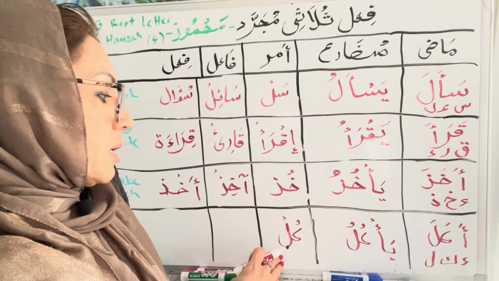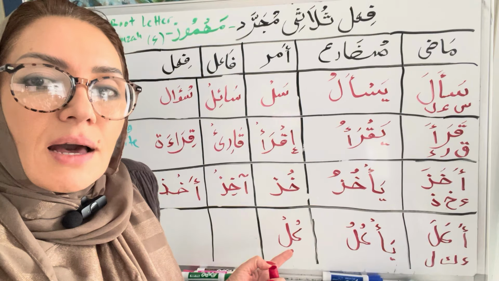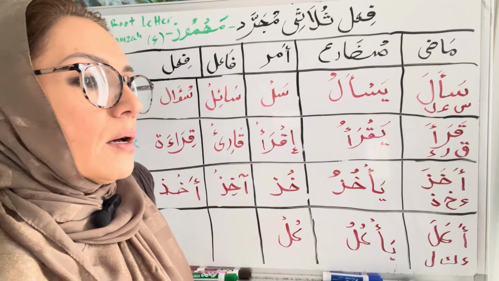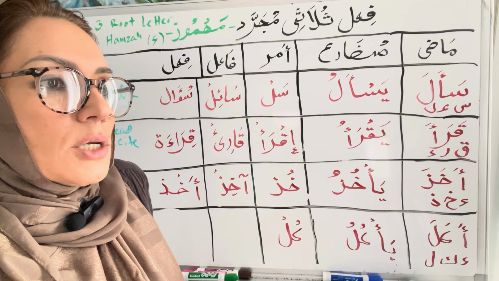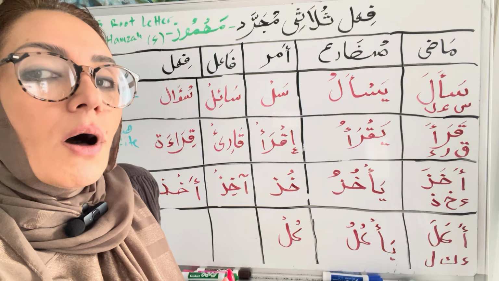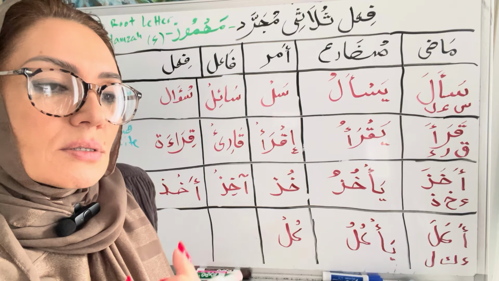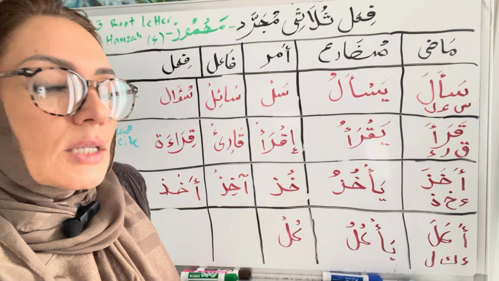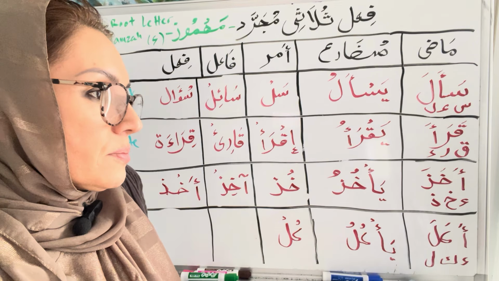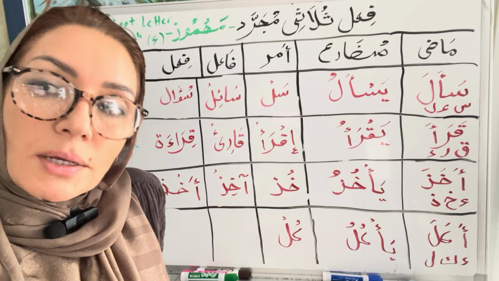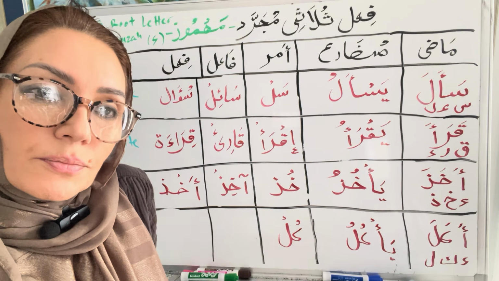Case in point here, kul, which is kaf and then lam with a sukoon. Sometimes when people have difficulty pronouncing the letter qaf, the Quran says qul, qul, qul so many times, meaning say. If you're not pronouncing it properly, you say kul, kul.